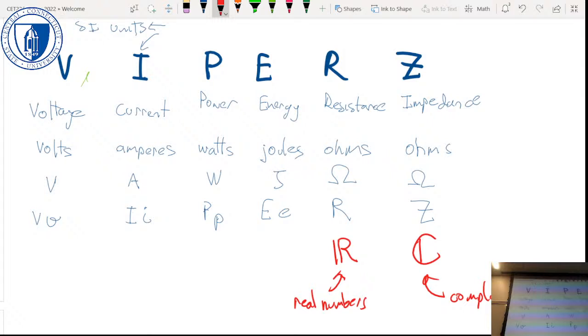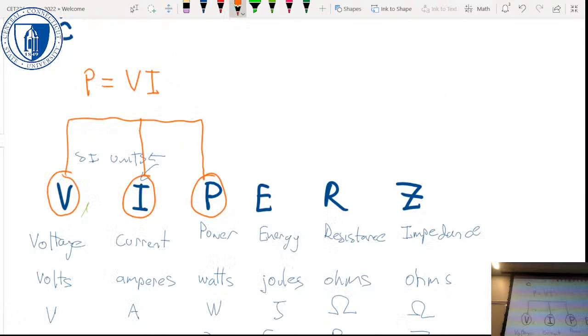We can put those three together and we get P equals VI. So the power often dissipated in a device is the voltage drop across the device times the current through the device.